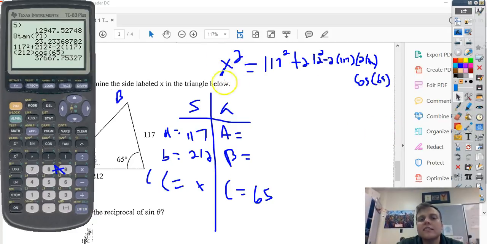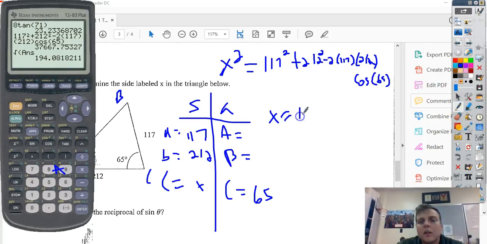That's what little c squared is equal to. So I need to square root this to actually get the correct side. I press answer, and I get 194.08. So x is approximately 194.08. All right. Okay, let's move on.